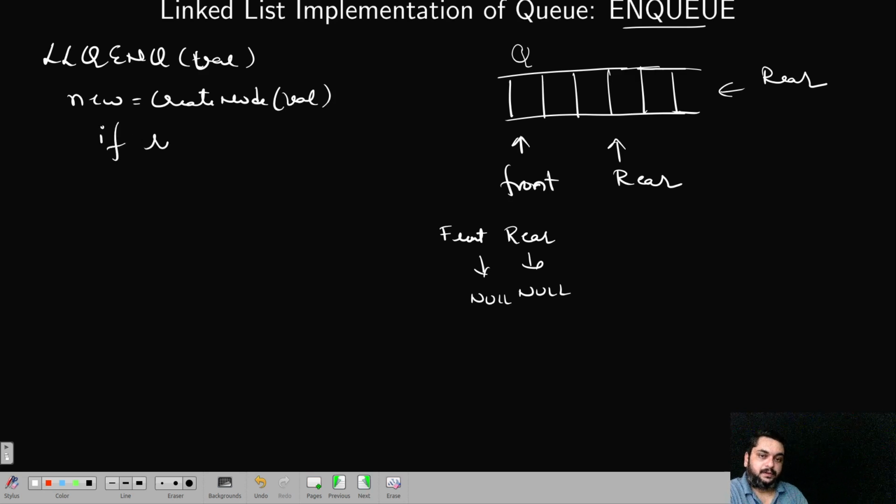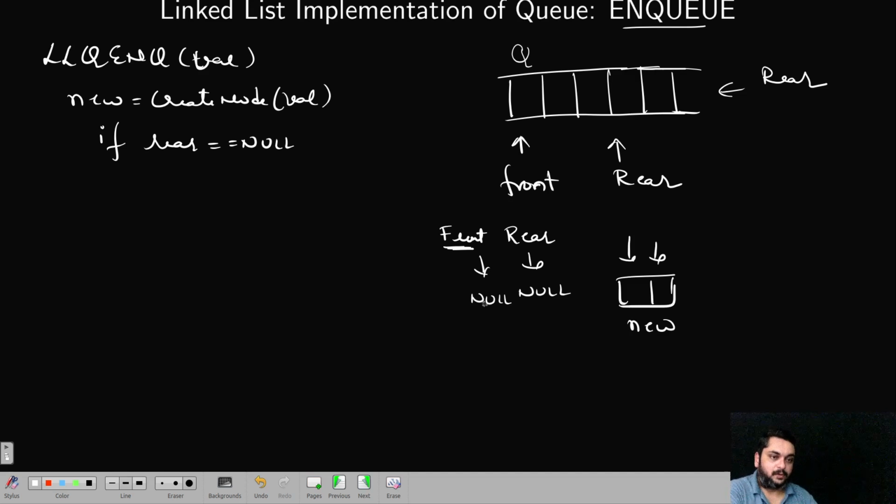If rear is equal to null, that is the first time I enqueue, I have to check this condition, because I have to adjust the front pointer also. Now if rear is equal to null, what should I do? This is the first node I'm going to insert, so we call it the new node. Both rear and front have to point to this new node, because initially they are null. This is the first case.